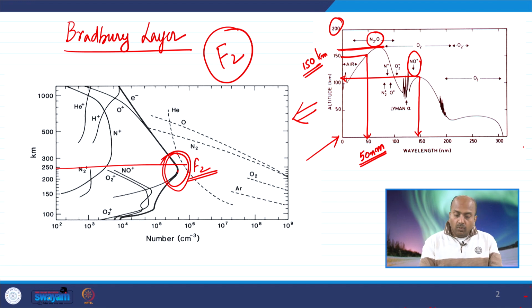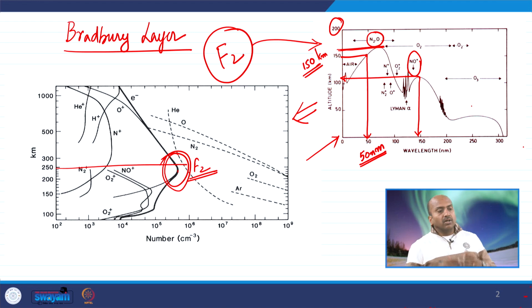But if you translate that height into the electromagnetic absorption with respect to geometric altitude, you will realize that production is not efficient. So, you are talking about a particular height where there is no production, but then you are saying that at these heights we expect maximum ionization. These two are quite contradictory in nature, right? You can situate the F2 peak anywhere below this absorption line.